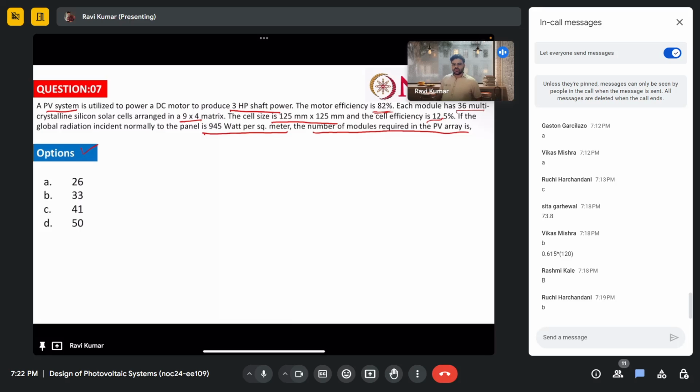First steps towards the photovoltaic design. This question is it.